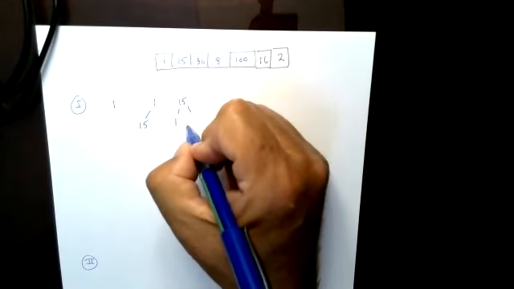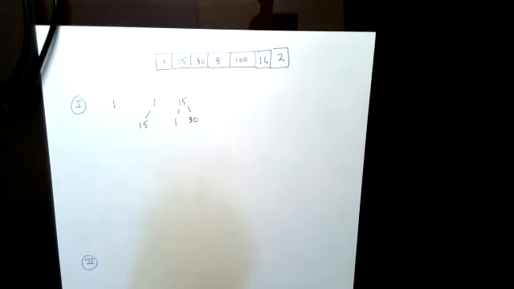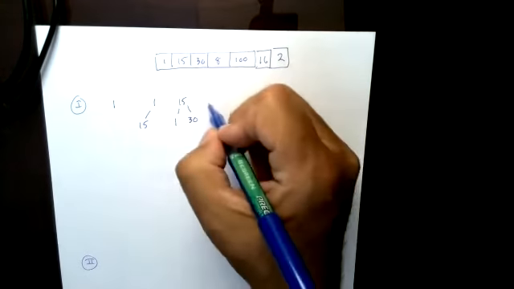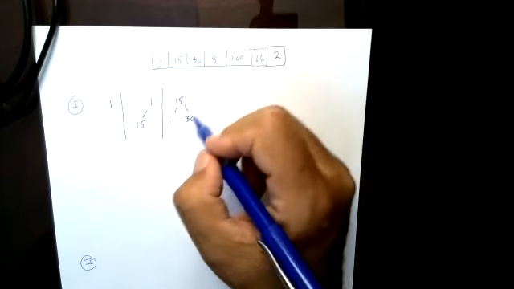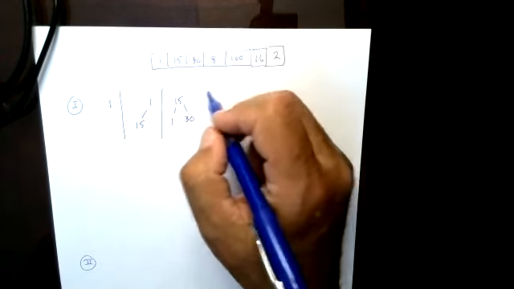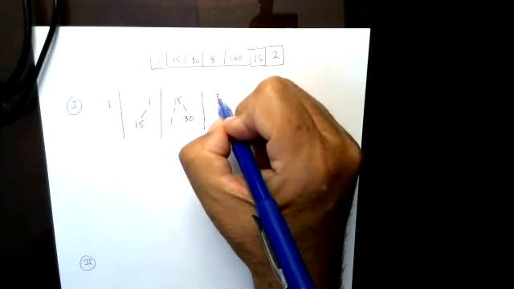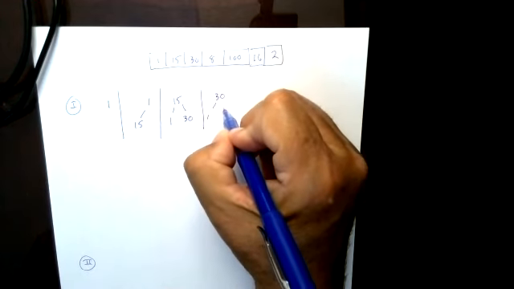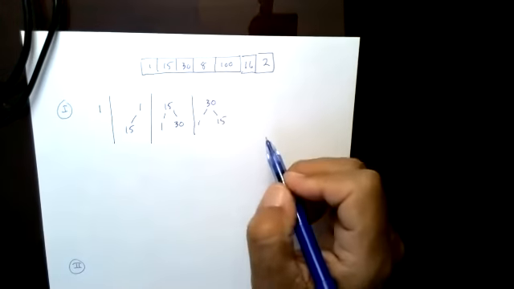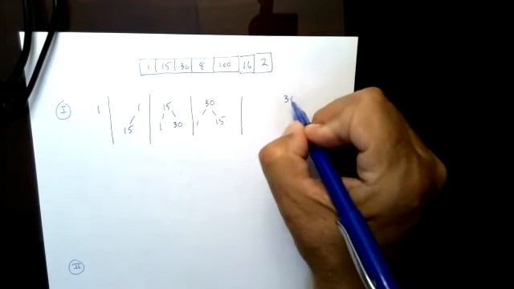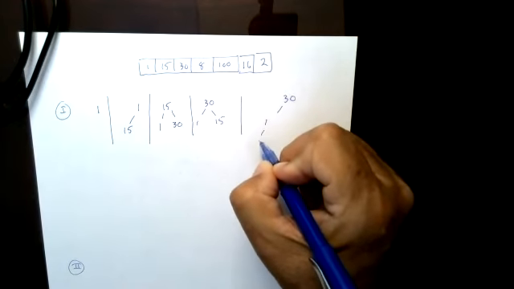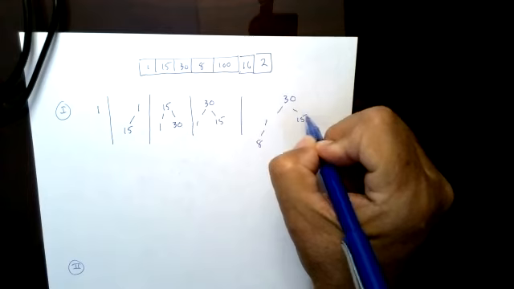I put in 30 and I percolate up. So there was my first one. Here's my second one. Here's my third one. I put that in and I percolate up. Now I have 30 and 15. My next number is 8. I have 30, 1, 8, and 15.